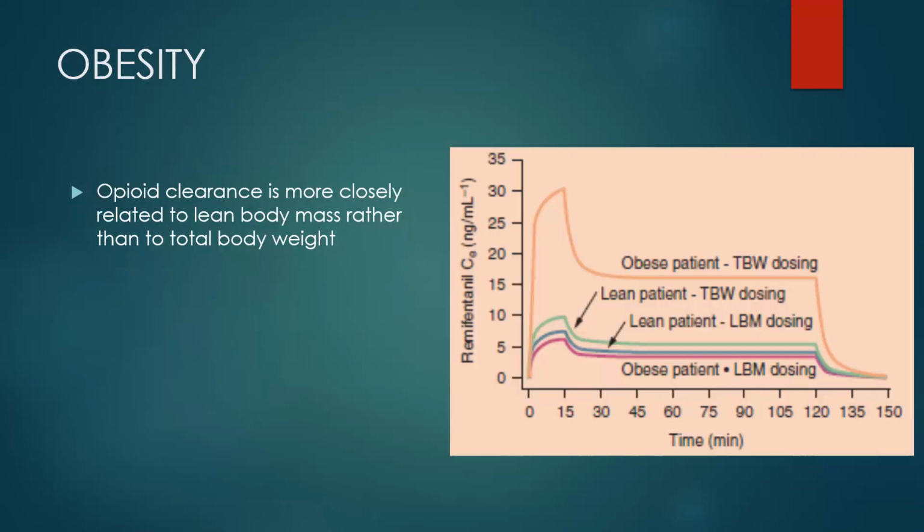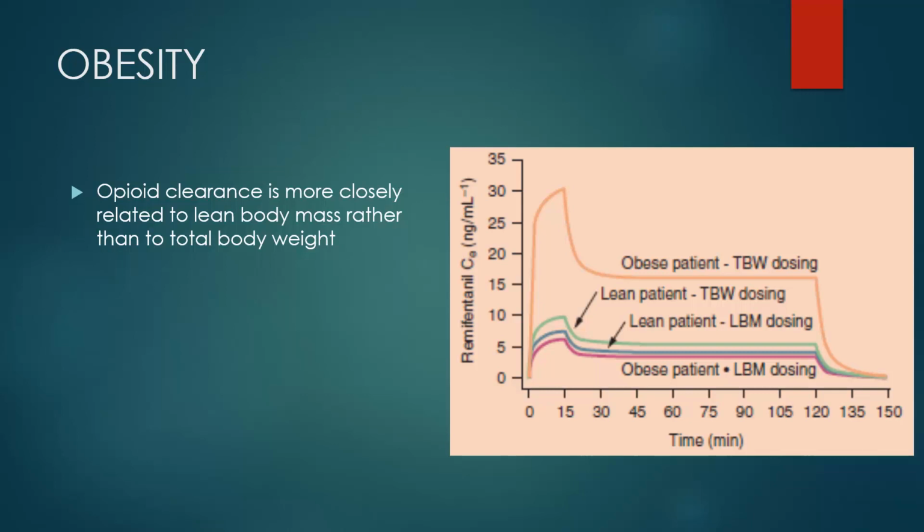Opioid pharmacokinetic parameters, especially clearance of the opioid, are more clearly related to lean body mass and not total body weight. Now, in practical terms, this means that morbidly obese patients do need a larger dosage than lean patients to achieve the same target concentration. But in very obese patients, you don't need nearly as much as you would predict if you use their total body weight for dosing.